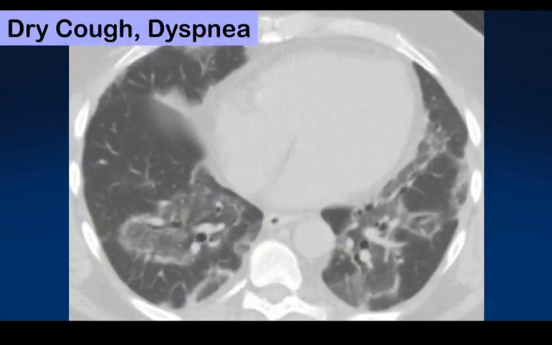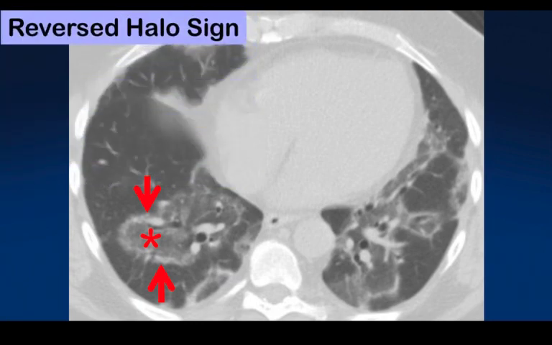Patient presented with dry cough and dyspnea and had several of these lesions, one illustrated in the right lower lobe, characterized by a central area of ground glass attenuation opacity and a rim of higher attenuation. This is the so-called reverse CT halo sign, or more properly, the reversed halo sign.